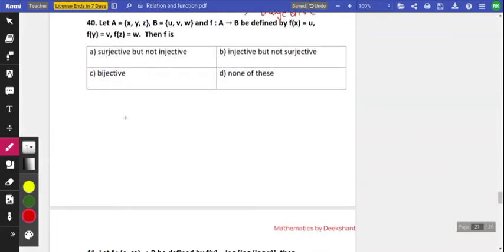Now we have to check whether the given relation is injective, surjective or bijective. Now we draw the mapping.